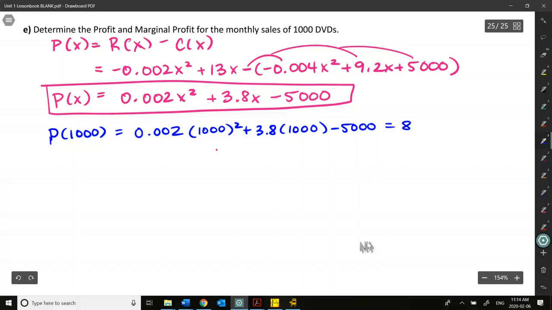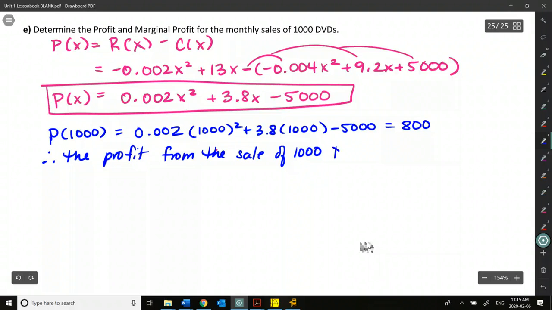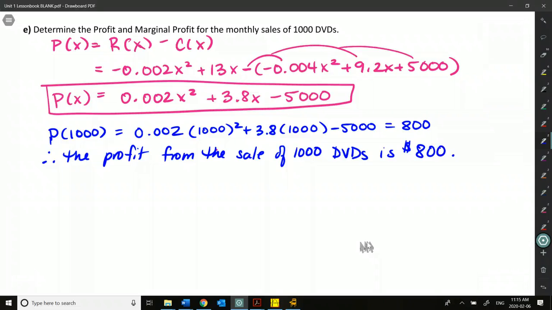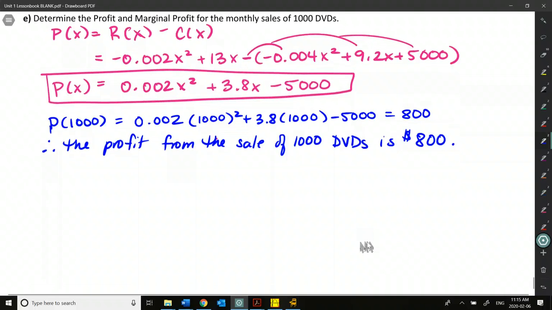Okay, so we should get 800 from this. So the profit from the sale of 1,000 DVDs is $800.